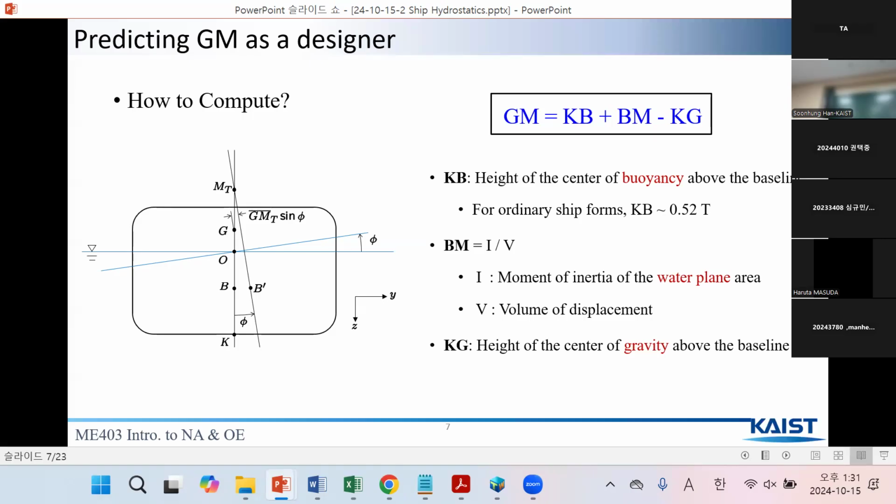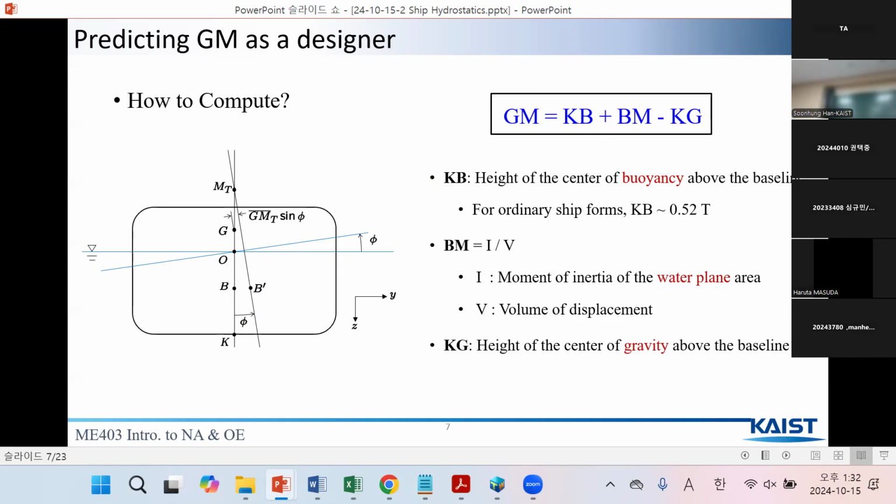Usually I put into the computer heel angles of 1 degree, 2 degree, 3 degree, 4 degree, 5 degree. Every degree, please calculate B. Computer does it for you. When I was young, I did it myself. Very tedious calculations. Anyway, you can do that.